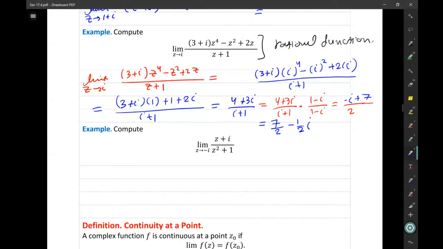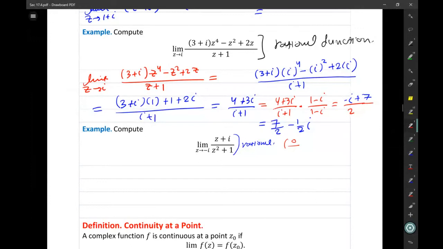Okay. This is a tricky question. Why is it a tricky question? Look here. First of all, this one is rational. Now, if you substitute minus i, it becomes minus i plus i, which gives me 0.